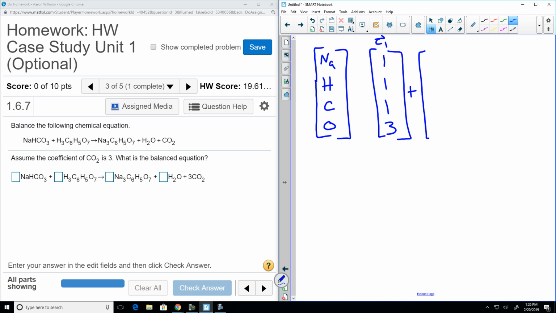I have how many hydrogen? I have 8. So I'm going to put an 8 there. I have 0 Na, so let's do that. 6 carbon and 7 oxygen.